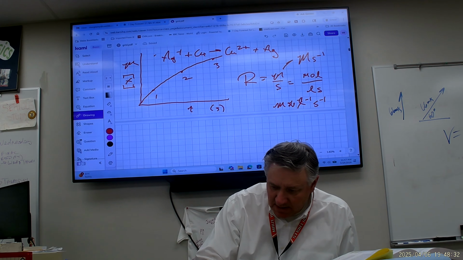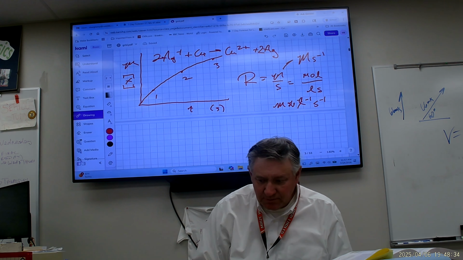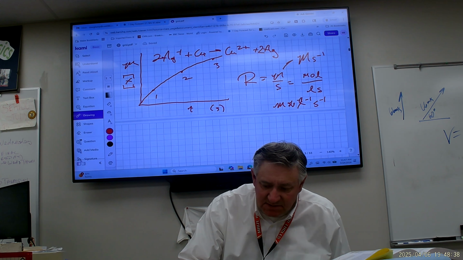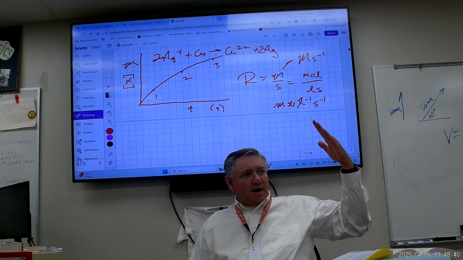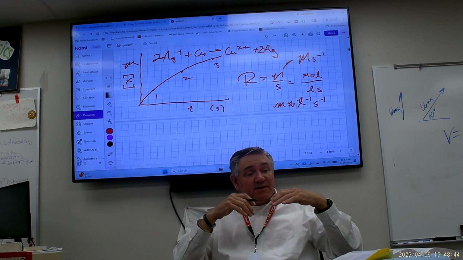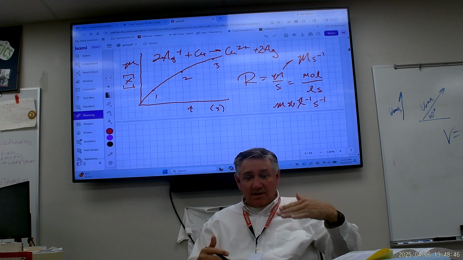We balance that out, we put a 2, we put a 2, okay? So over the period of time, this could be the concentration of the copper ions.